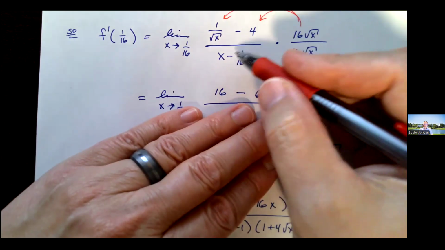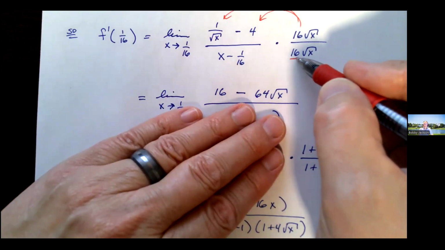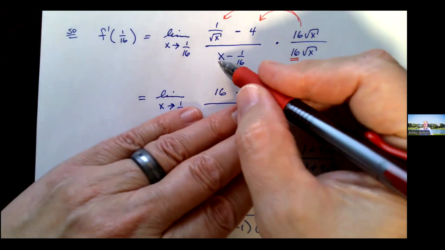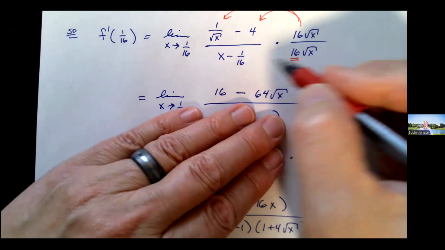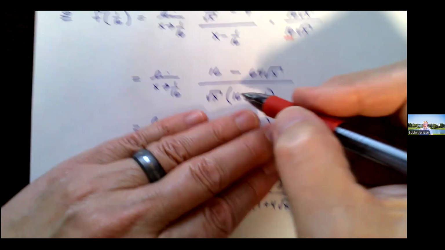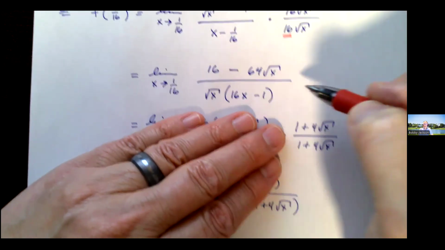Down below, I'm not going to distribute the whole thing through. I'm just going to distribute the 16 through. So I'll get 16x minus 1, since 16 times 1/16 is 1. And then I'll still have the square root of x outside. You could distribute that square root of x in, but I want to leave this factored down here.